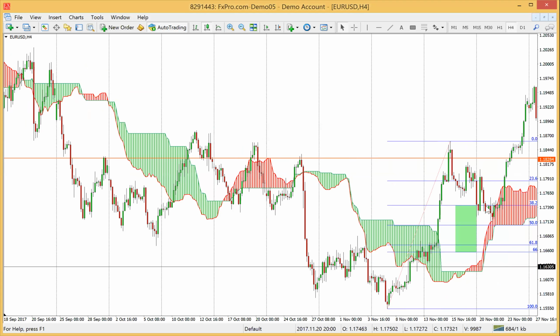And if you notice within this level, this is an example of how you can use the Ichimoku cloud to help you when using Fibonacci. You've drawn your Fibonacci and marked out your key levels, which is between the 38.2 and the 66.0 level. And you could say that once price enters that level, you'll wait for a bullish candlestick reversal pattern in order to enter the market.